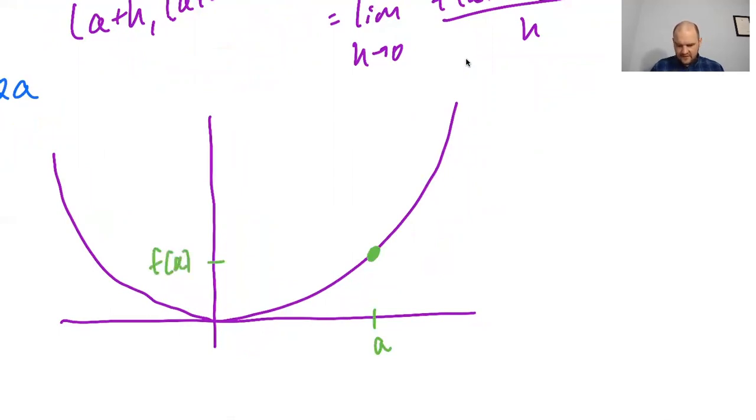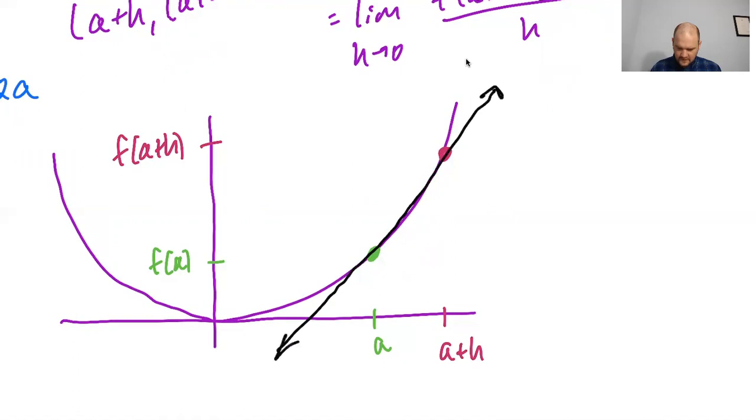And then we have another point at a plus h, which means this height will be f of a plus h. And what we've done is we found the slope of the line going through those.